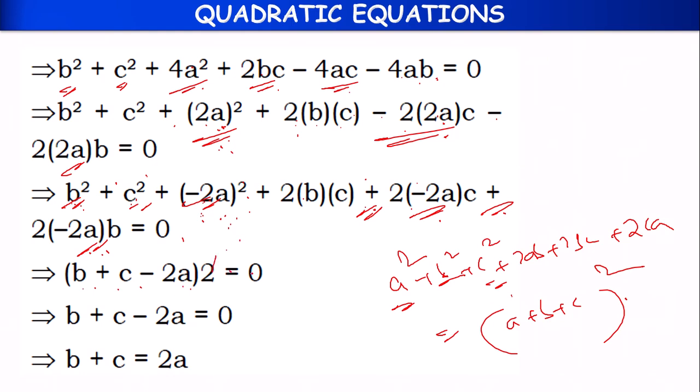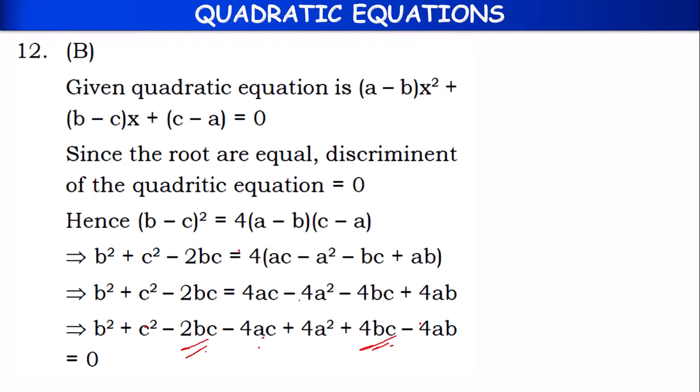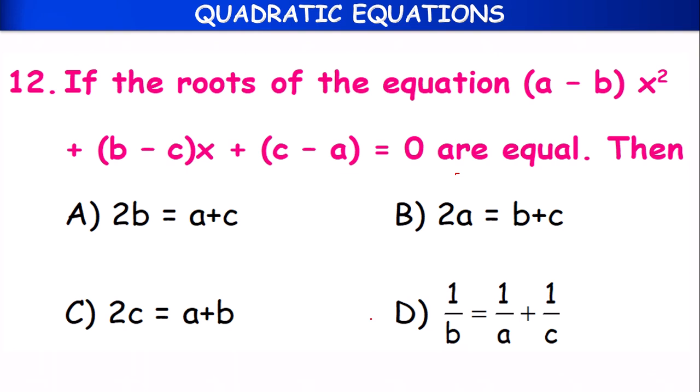So if square comes this side, it will become root of 0, which is equal to 0. b plus c minus 2a equal to 0, or b plus c equal to 2a, or (b plus c) by 2 equal to a. So here children, option B is the correct answer.